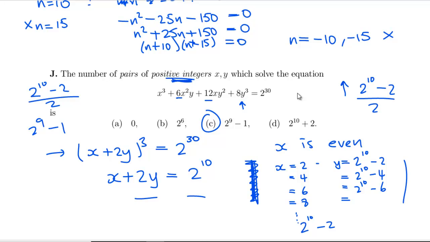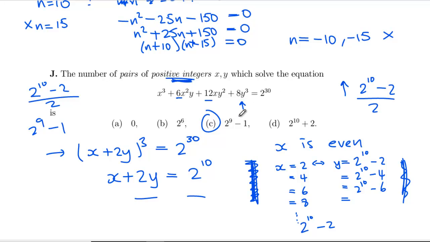I know they're really obvious numbers, saying, oh yeah, well, it's going to be 2 and then 2 to the 10 minus 2. Obviously, that adds up to 2 to the 10. But it gives a way of spotting what the pattern is. And then that takes us on to the next step of the question of actually saying how many pairs there are. If you can't spot the pattern, it's so much harder to say how many pairs there are and actually get the answer. So yeah, that was a nice question.